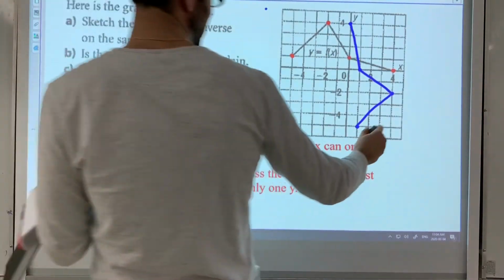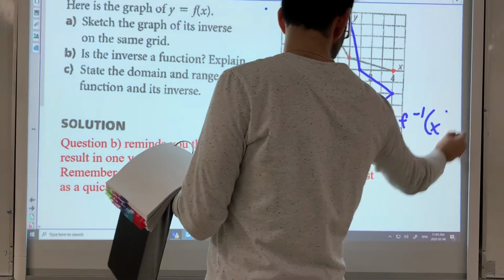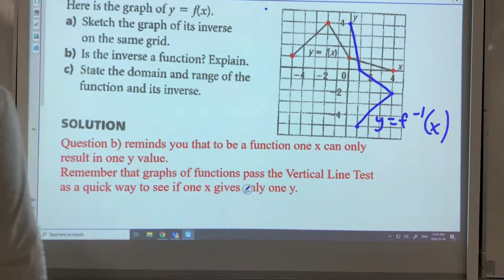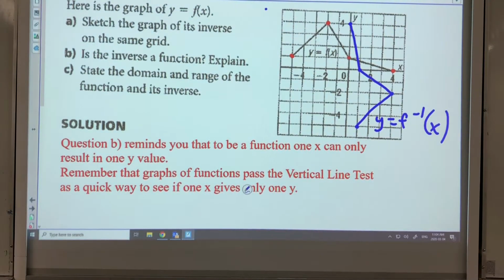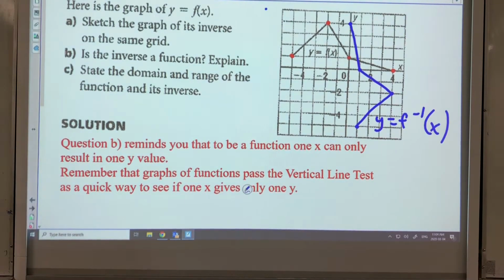So we could write y equals f to the negative 1 of x. There's that graph. Is the inverse a function? Question B reminds you that to be a function, 1 x can only result in one y value. So every x has exactly one y. That's the definition of a function.